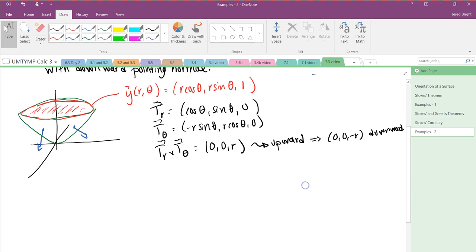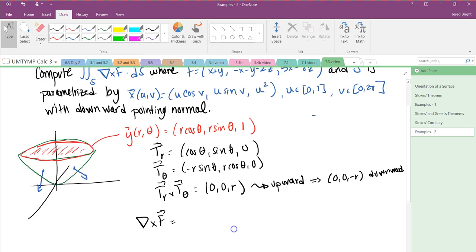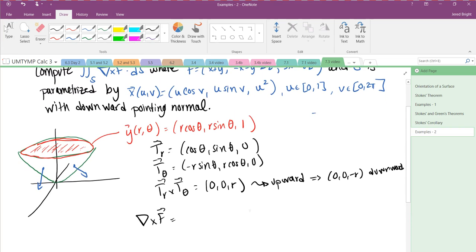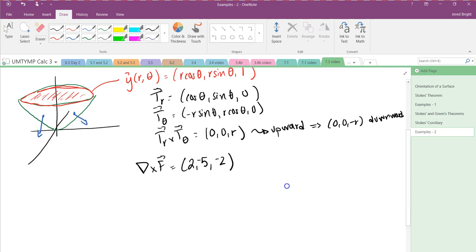Then I can also compute the gradient cross F. I did this on a different sheet of paper, and because the vector field is oh so fun, what we end up getting is 2, negative 5, and negative 2. So that's grand.